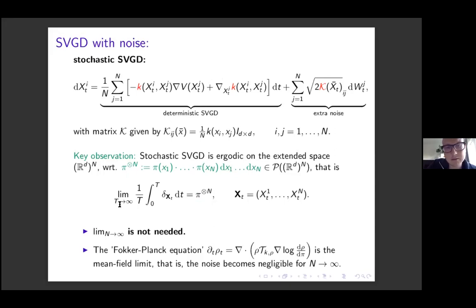And if you let t go to infinity, then you will recover the pi on the extended space, but its marginal will give back the targets that we were interested in the first place. So this is interesting from a computational perspective, because then the number of particles that we might use can be smaller, but also from a theoretical perspective, because this will, as I will show, help us to understand the finite particle effects in the deterministic system.